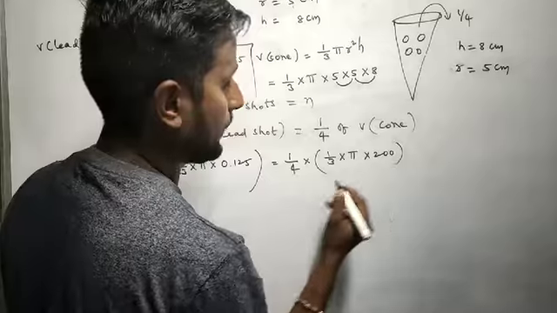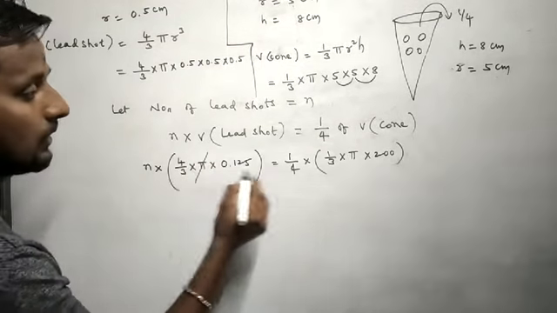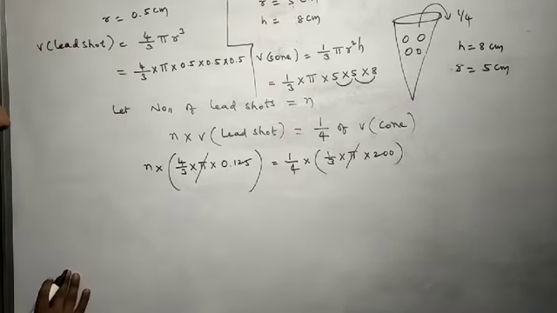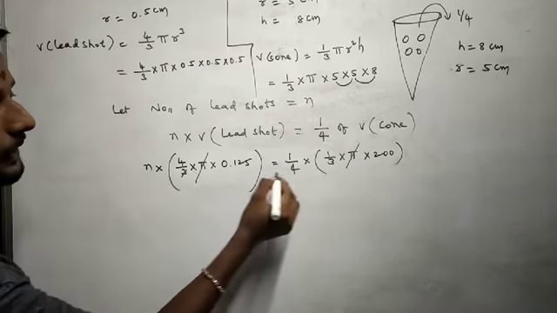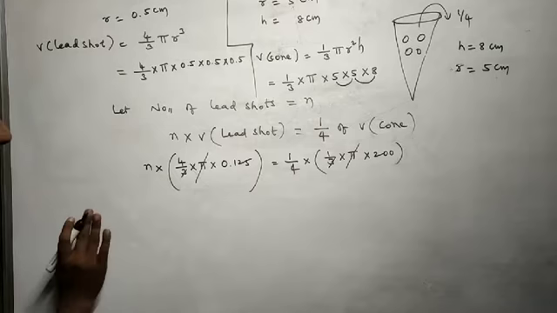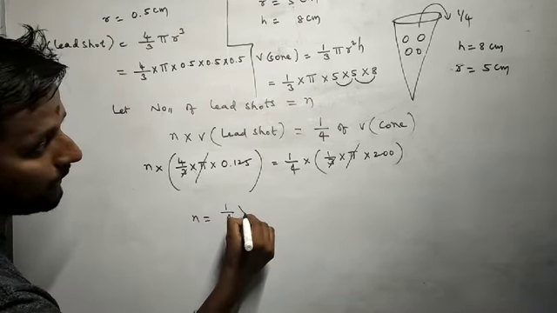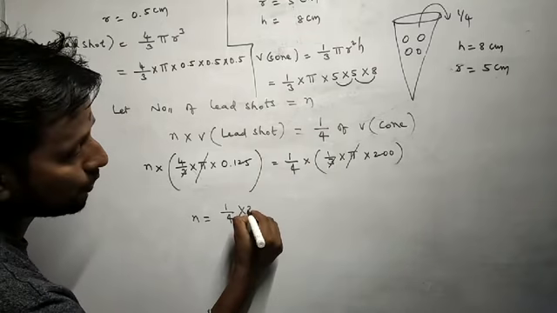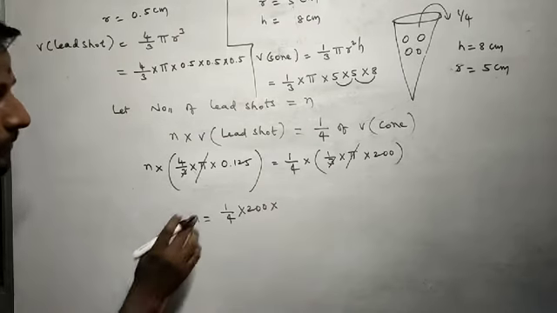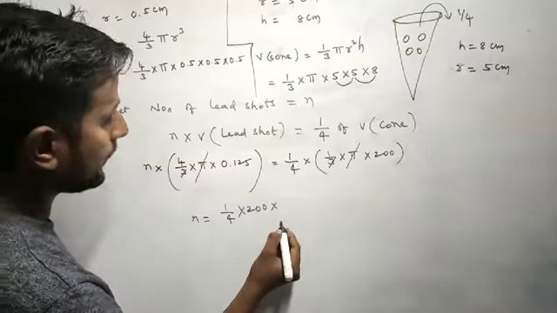Overall answer 200. To get simplification, the pi gets cancelled, right? Next, 3 gets cancelled. Simple. N is equal to 1/4 into the left terms 200, and here it divides.